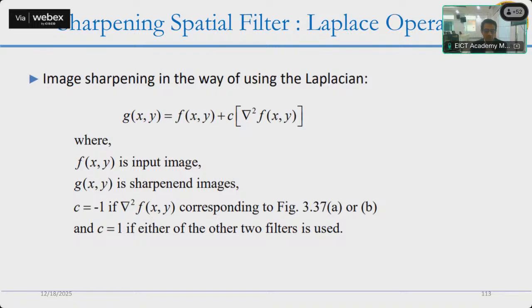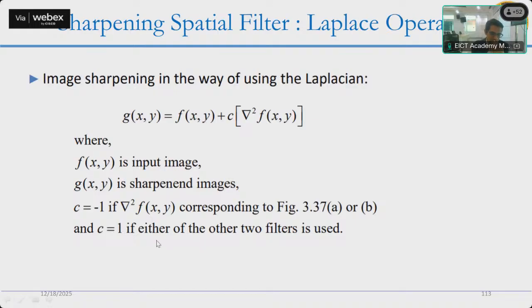So this is the case here. What is g(x, y)? This is the sharpened image. This is f(x, y), the input image. What is really important here is that g(x, y) does not come from only differentiating it. It comes after adding with f(x, y).